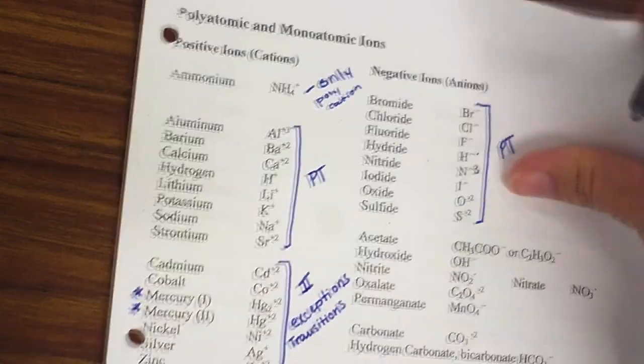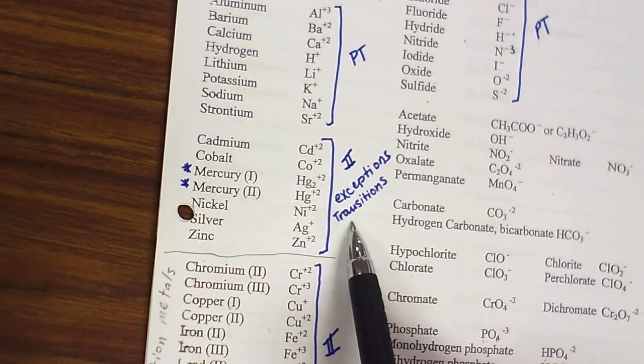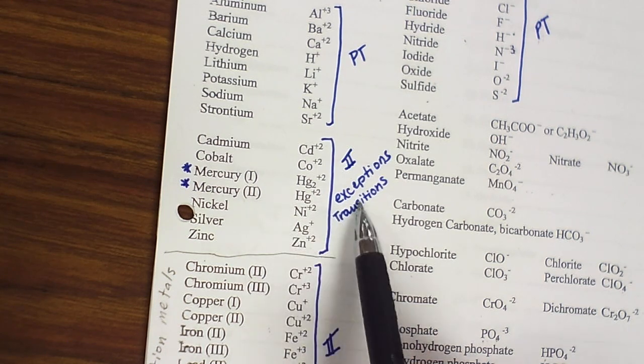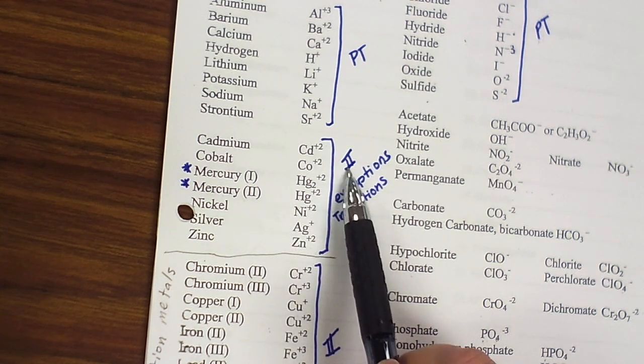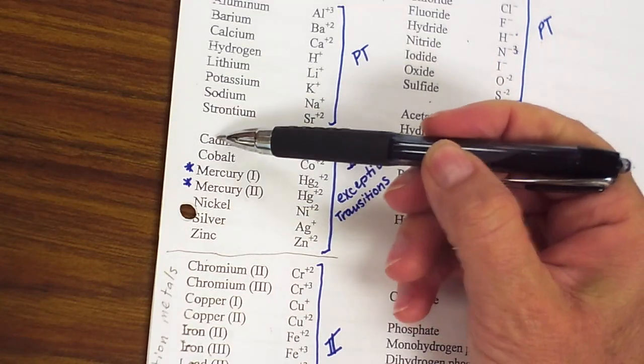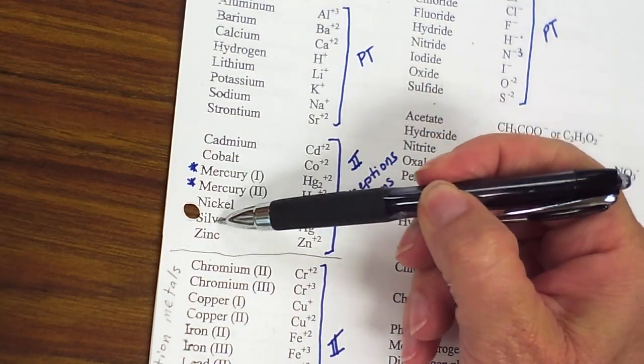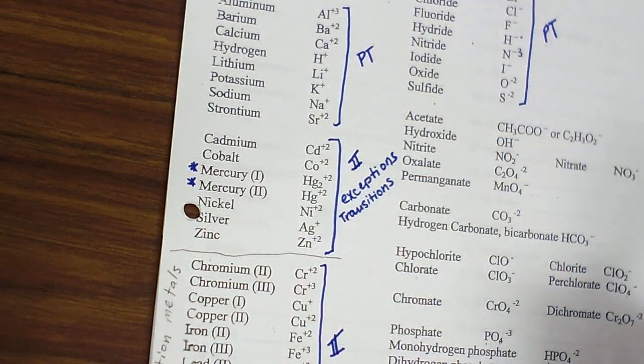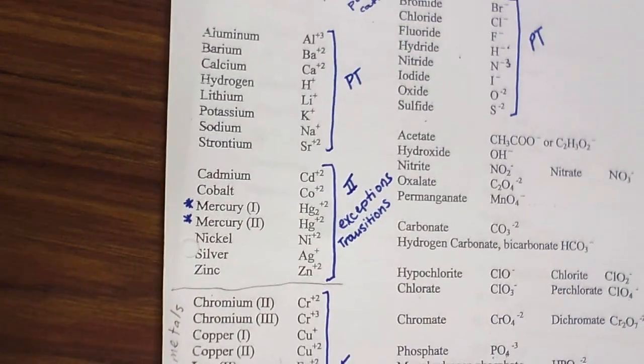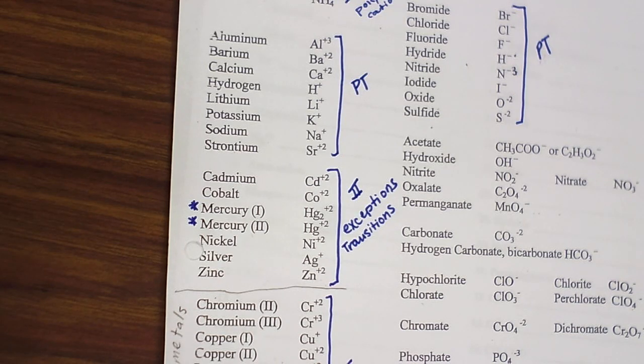This group here, number 2, exceptions are transition elements. The reason they're exceptions to type 2 is because this one, cadmium, cobalt, nickel, silver, and zinc, are exceptions. They do not have more than one oxidation state. They only have one. And because they only have one oxidation state, they don't need Roman numerals after them.